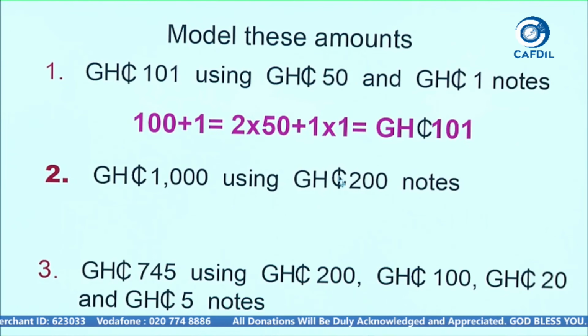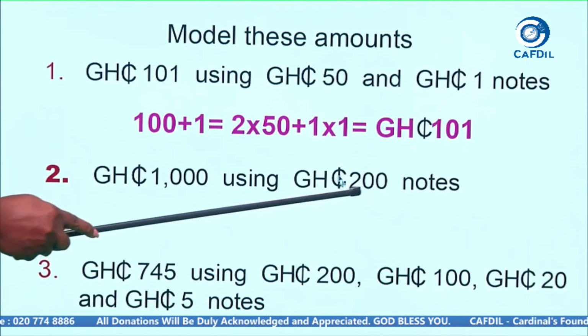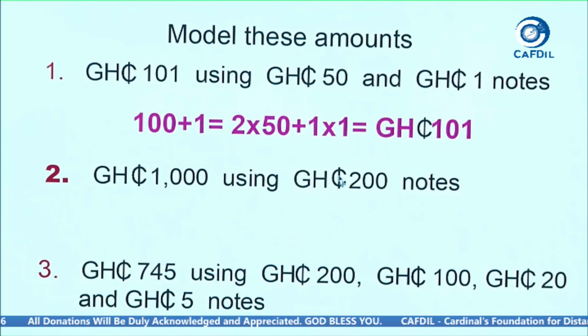I hope you are thinking about it. Yes, that is the notes. 200 cedis notes in Mommy's purse. How many of the 200 cedis notes will Mommy give to the shopkeeper?